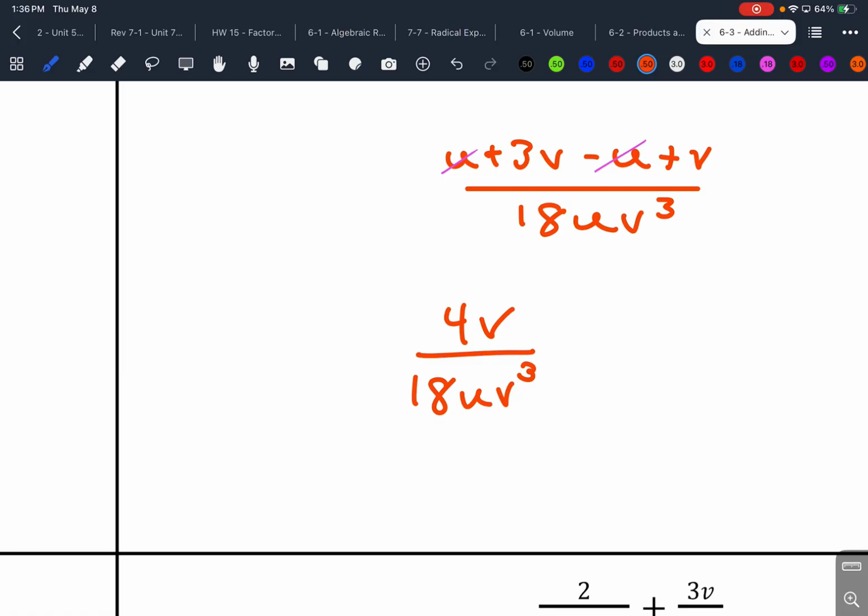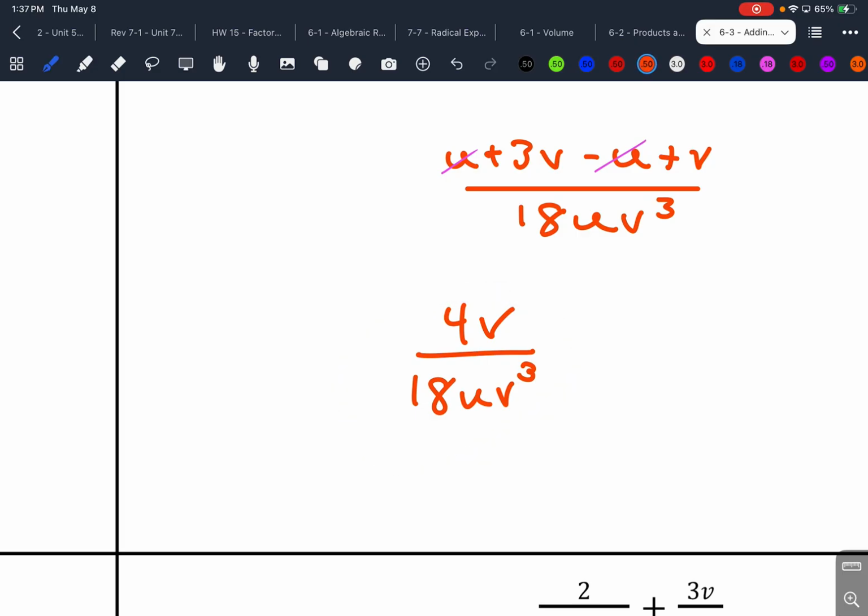Now that we have all multiplication, now things can cancel. You have to remember that when you have like a plus b over a, these do not cancel. Why? Because of the thing in the middle, right? So when you have addition and subtraction, you can't cancel stuff. You can only do that when there's only multiplication and division.